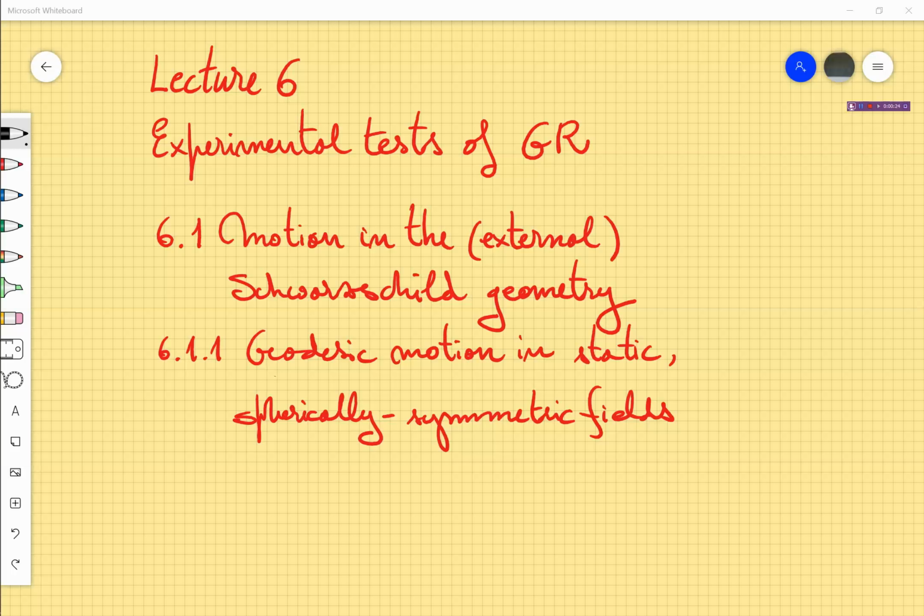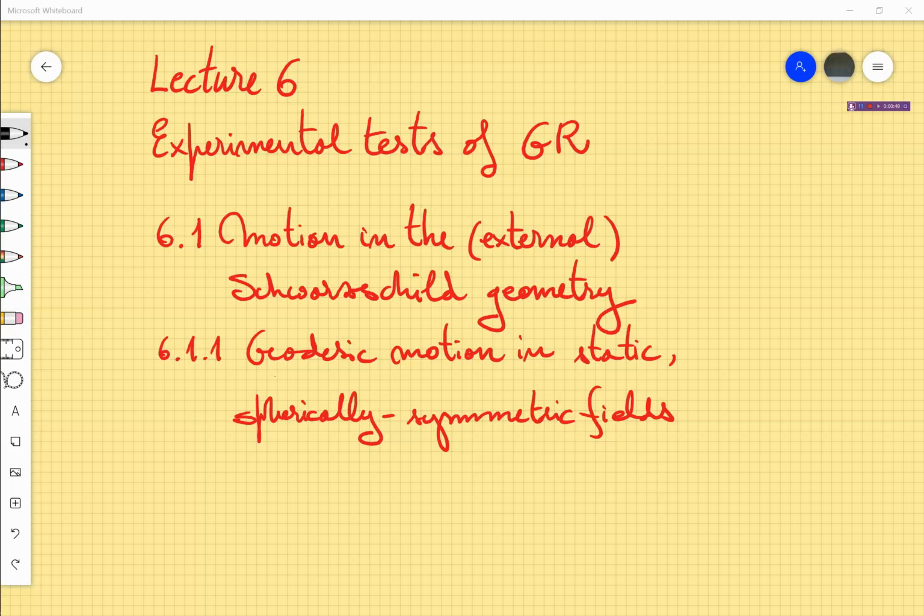This theory is described essentially by the Einstein equations, and in lecture 5 we found some of the simplest solutions of these equations. Now we have to test this theory, and testing this theory means, in this case, testing the predictions which are associated to these new solutions.